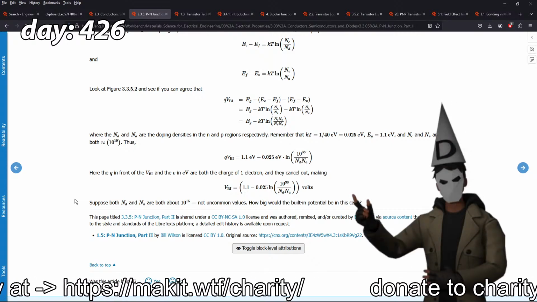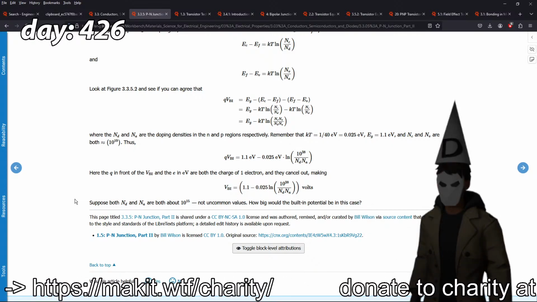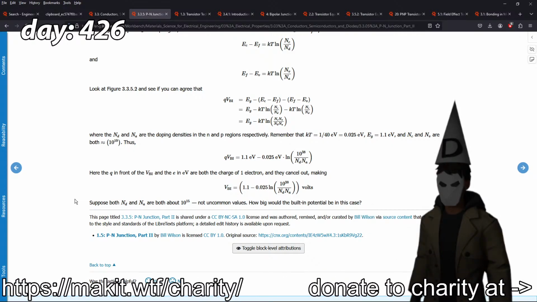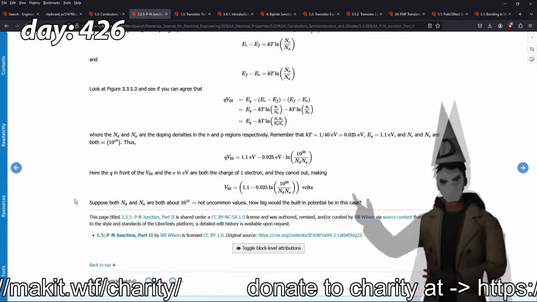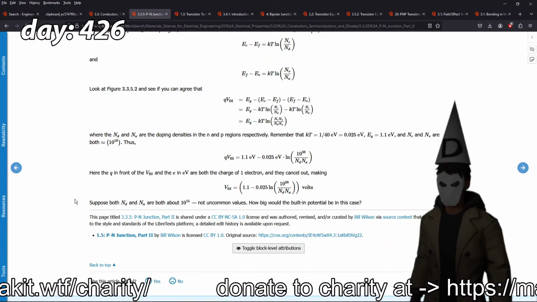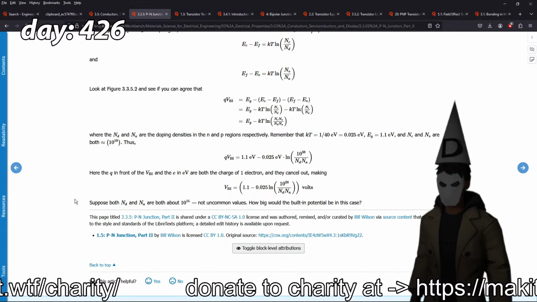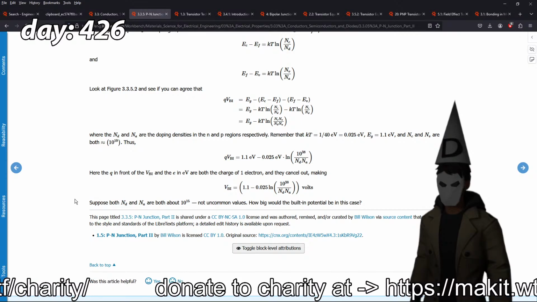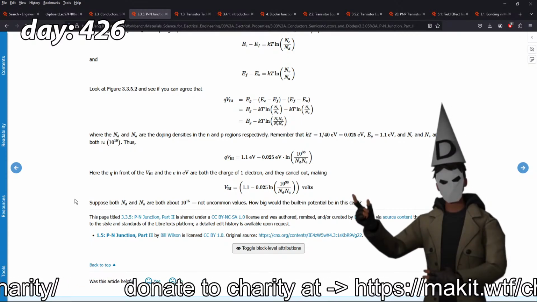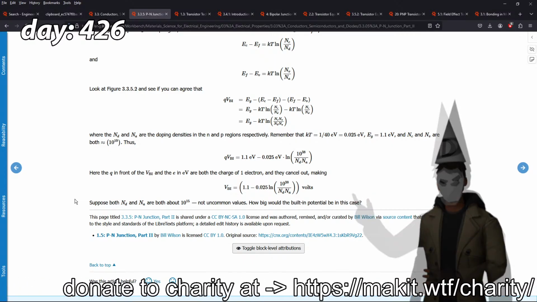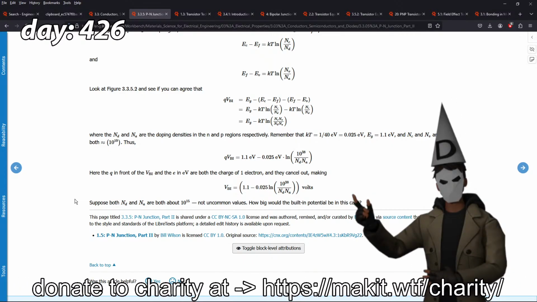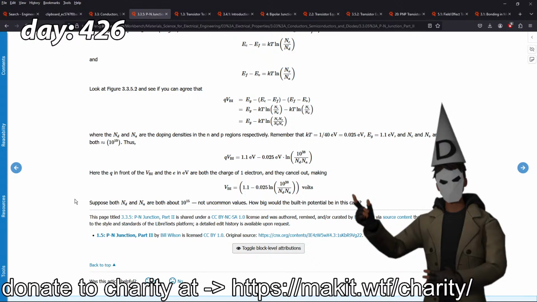Okay, let's make sense of this equation. So, QV, so Q times voltage. Okay, so the Q in front and the E are both the charge of one electron, and they cancel out, making.